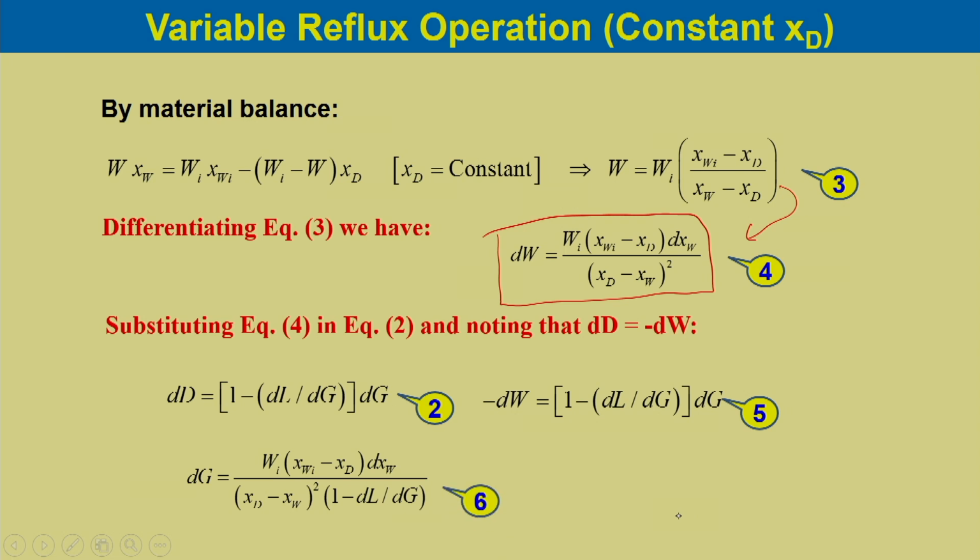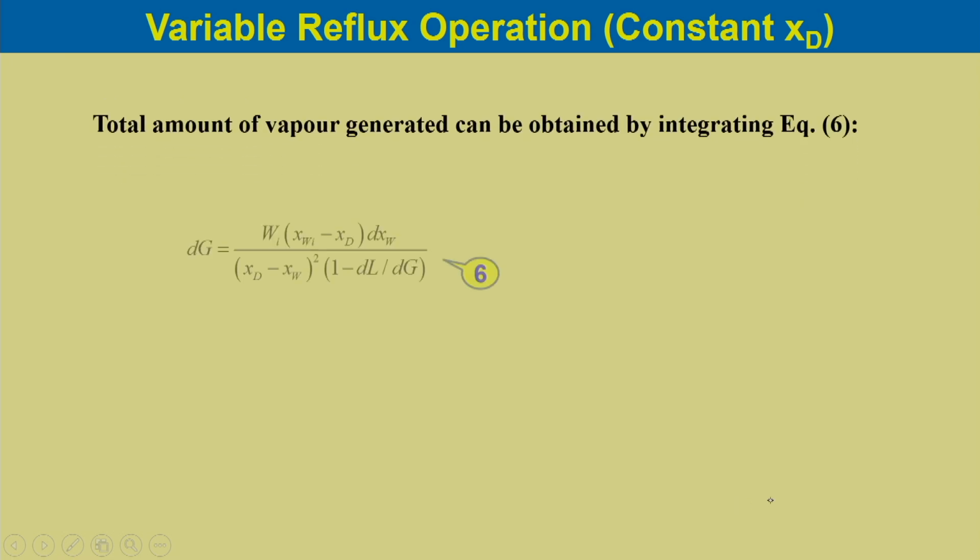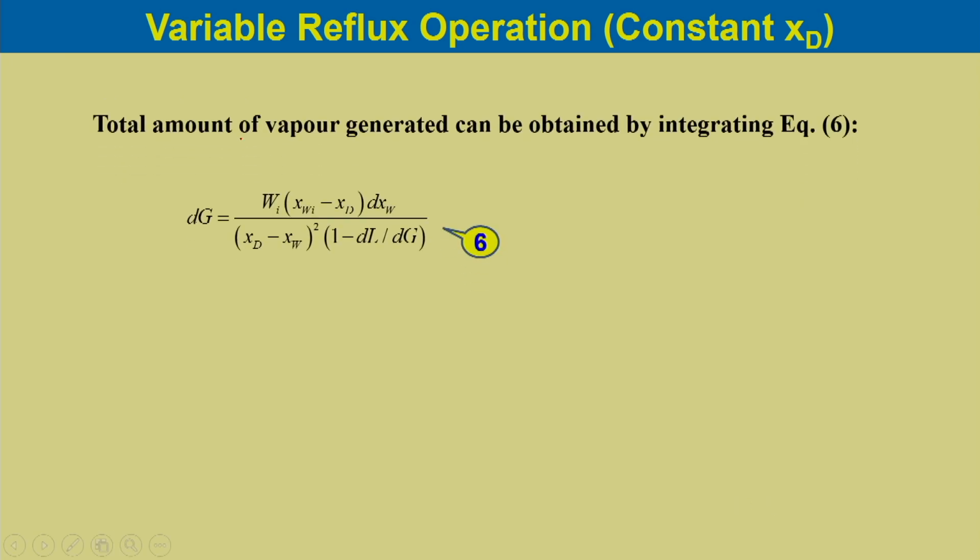Now, if we integrate this equation, we can obtain the total amount of vapor generated from the still pot. So, during the distillation, the amount of vapor which would be generated can be obtained by integration of equation 6.